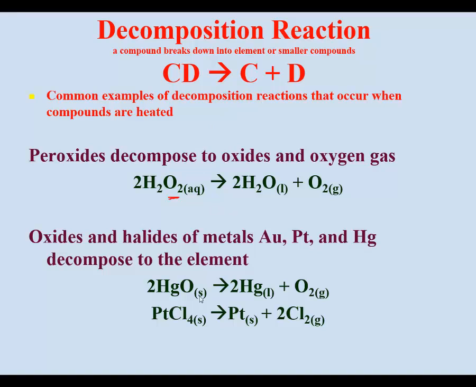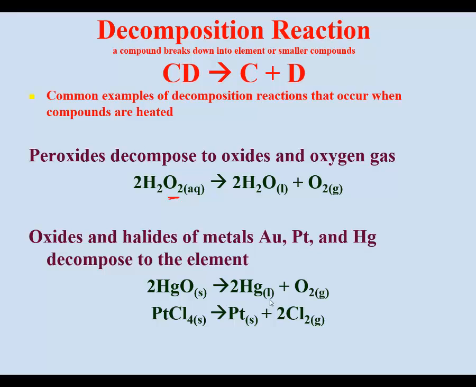oxides and halides of metals, sometimes they can decompose as well. So let's say we have gold, platinum, and mercury. If I have the gold oxide, the platinum oxide, or the mercury oxide, or if I have gold halides, platinum halides, or mercury halides, they tend to decompose via the following reactions. So my mercury(II) oxide here can decompose to form elemental mercury, which at room temperature is in the liquid state.